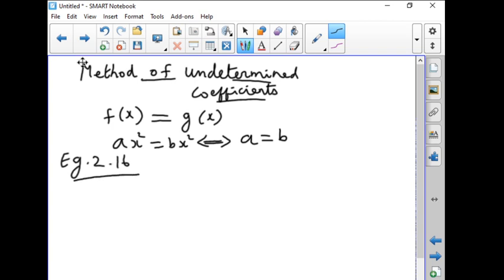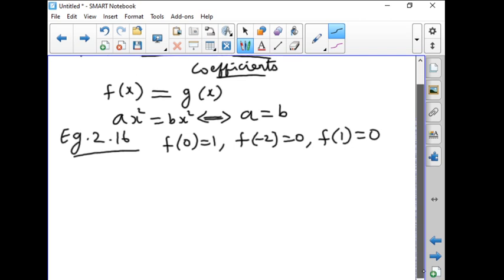So here, find the quadratic polynomial f of x such that f of 0 is equal to 1, f of minus 2 equal to 0 and f of 1 equal to 0. So we have to find the quadratic polynomial.